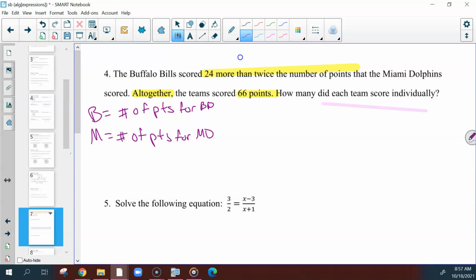So I'm using B and M to represent the number of points the Buffalo Bills scored. That looks like a B and a D, but it's supposed to be a B and a B. And then M for the number of points the Miami Dolphins scored.